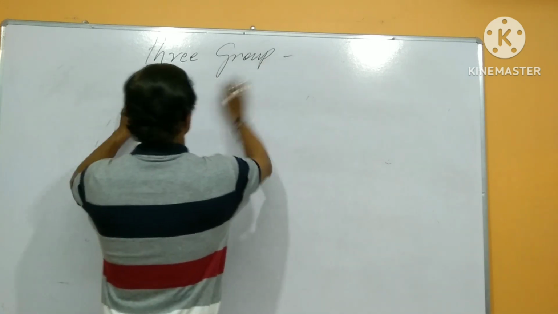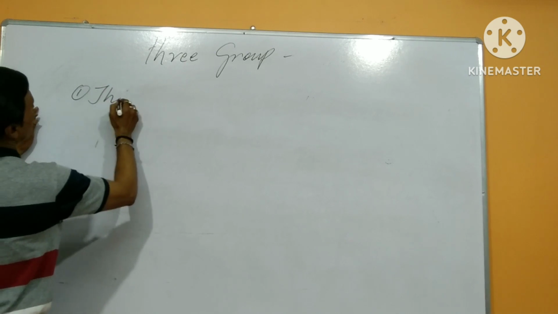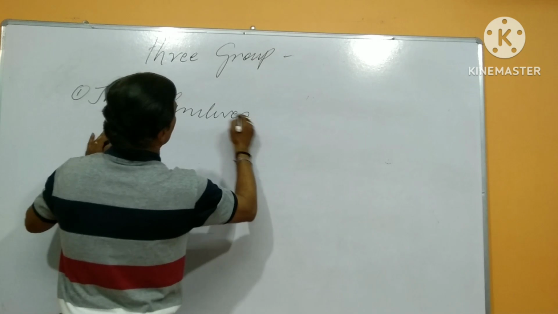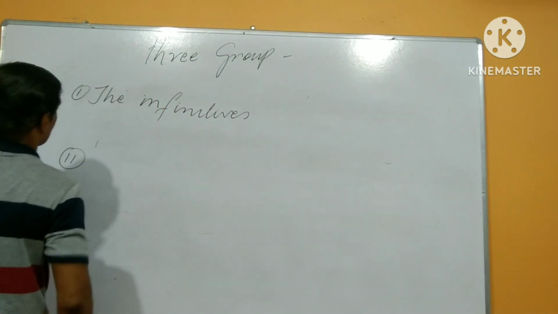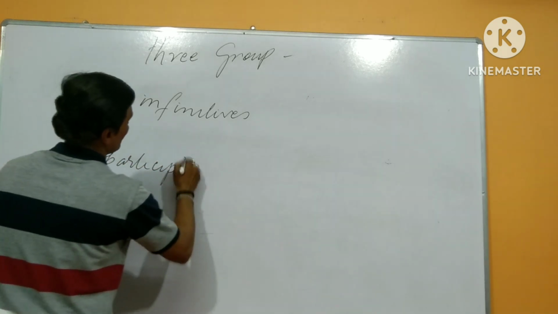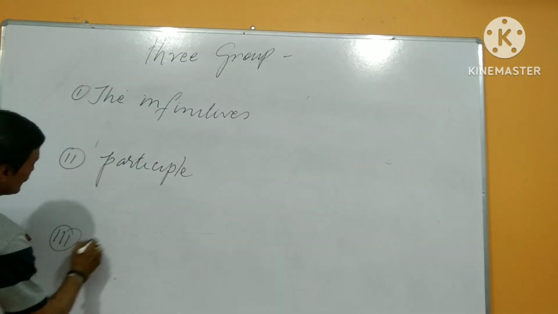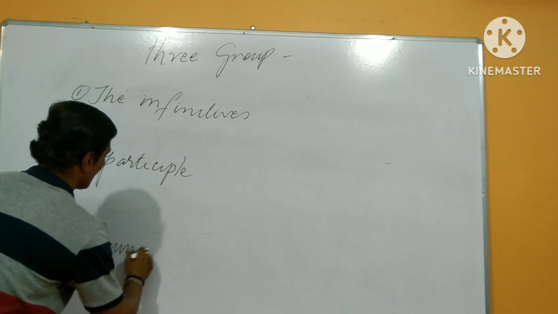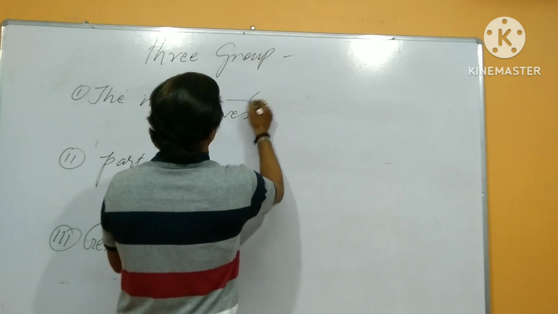Okay? So number 1, the infinitive. Number 2, participle. Number 3, gerund. Okay? So for the infinitive, there are 2 kinds.